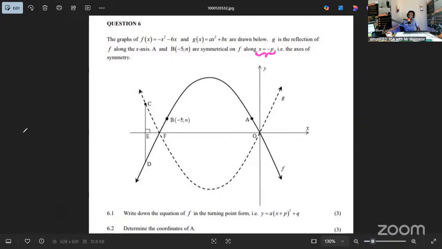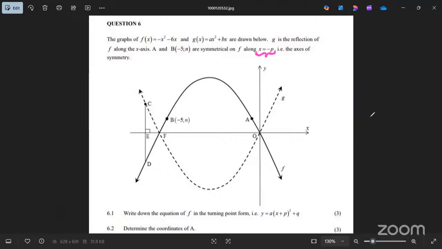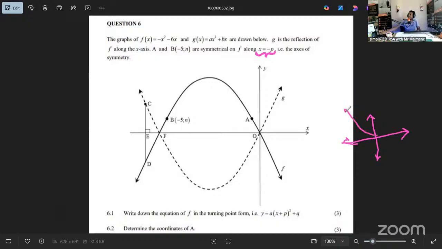Normally if we were to have an equation that goes in the form of maybe a graph like that, and then we have a point there which would be A, and a point which should be B. And suppose we are told that they are both symmetrical, and the reflection is the x-axis.